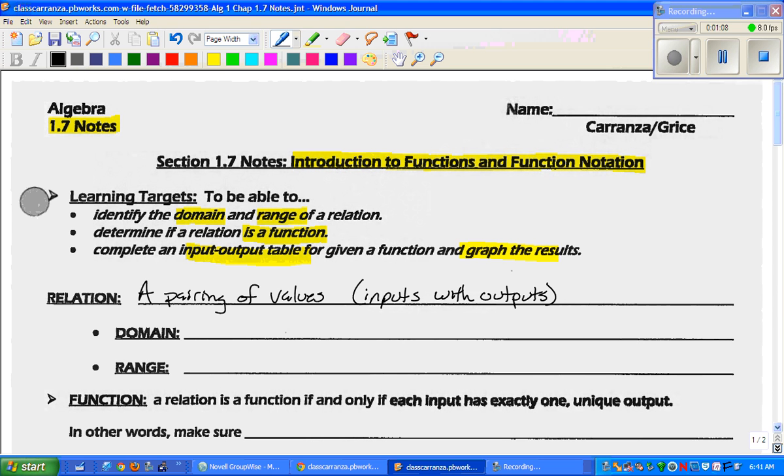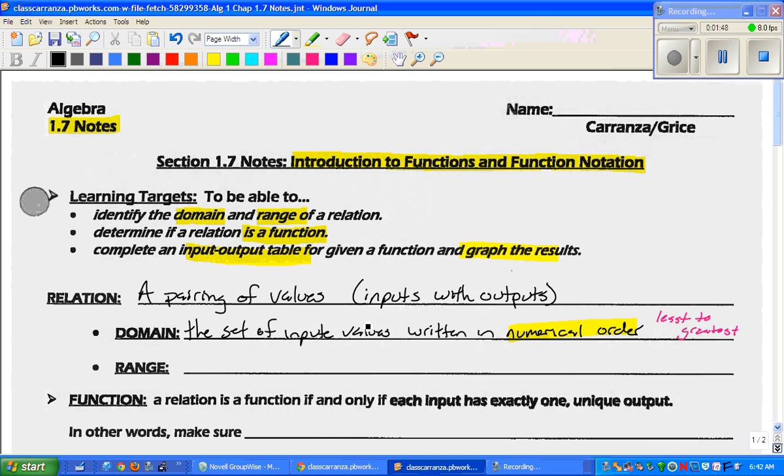And a domain is the set of input values written in numerical order. Okay, and this numerical order is least to greatest. So the smallest number to the largest number.